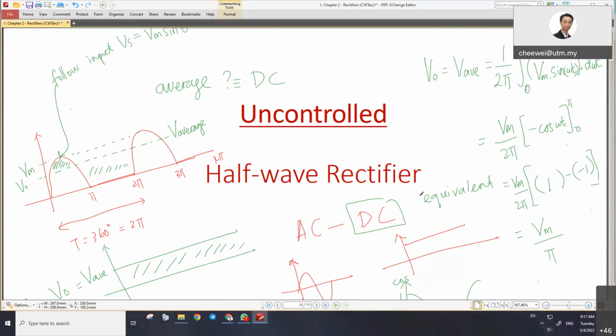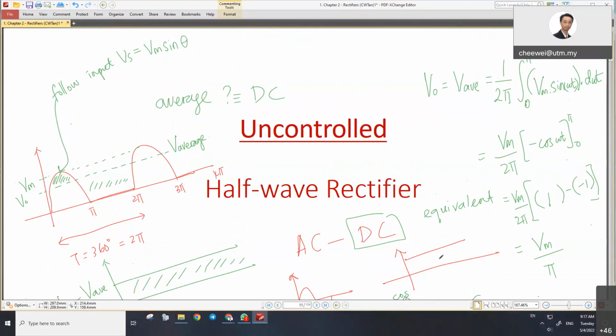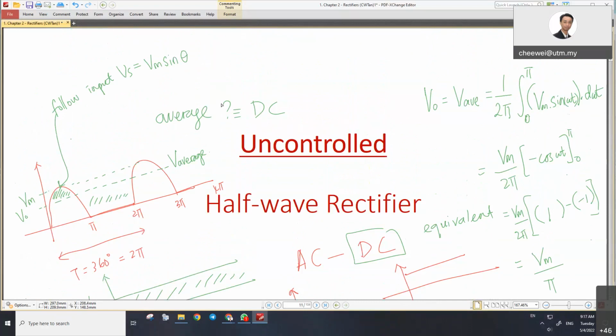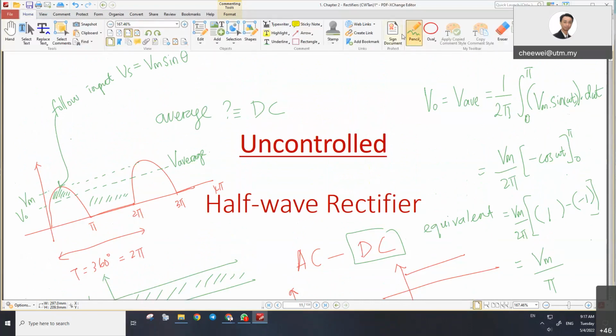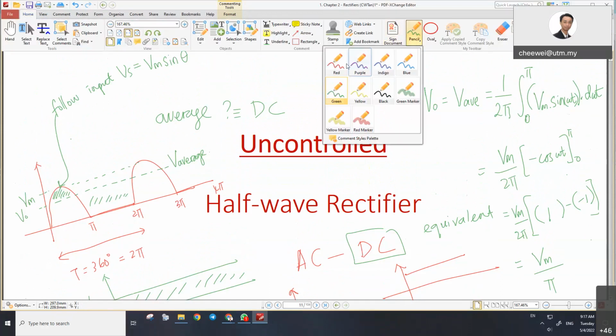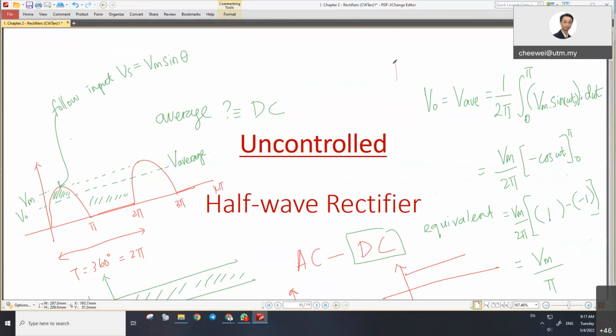So why did I show you this process? Because this process is known as, anyone can help me? In English, what is the name of this process? Derivation is very common in power electronics, okay, in the test or in the final.